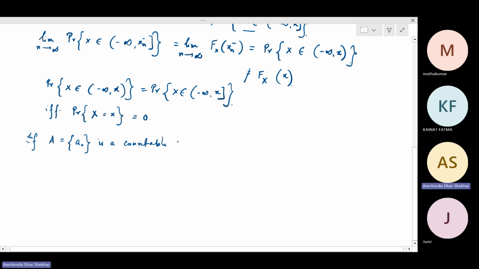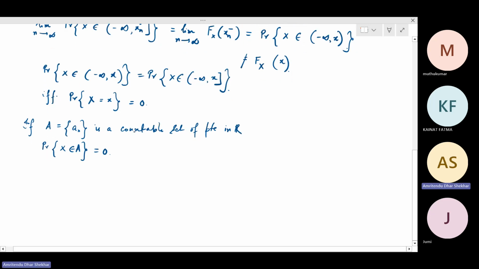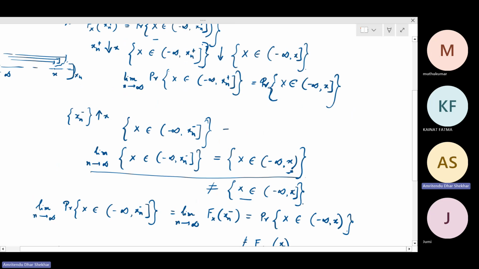If there is a countable set of points A, then the probability of x belonging to A is equal to 0, if x is a continuous random variable.